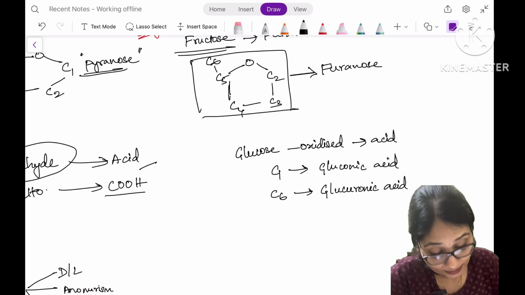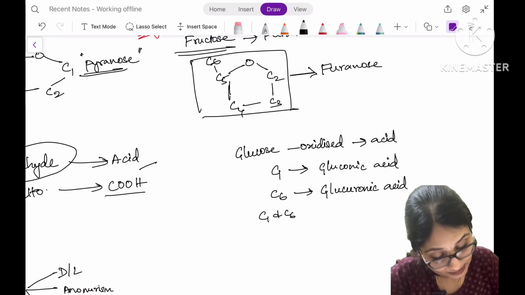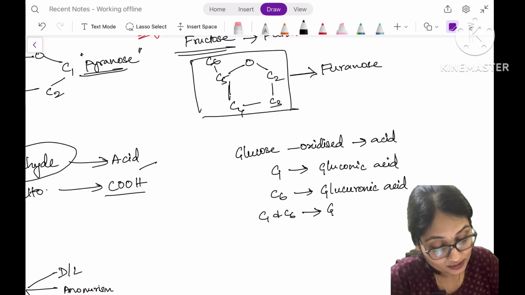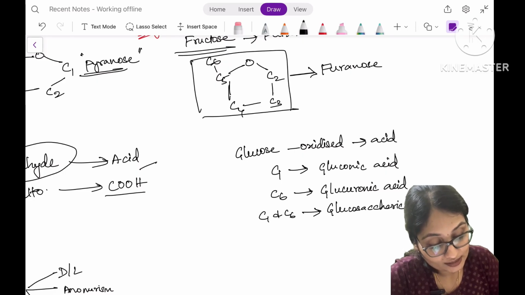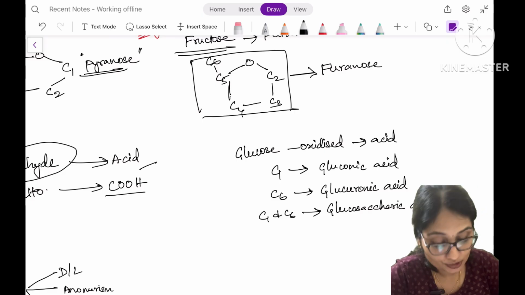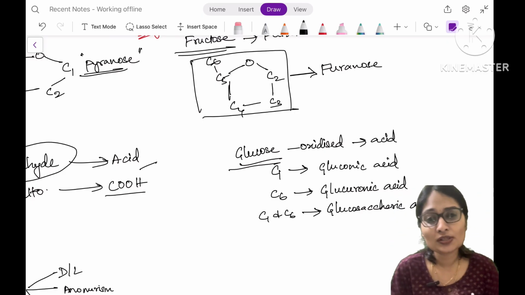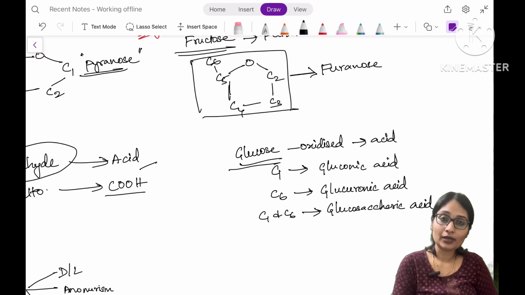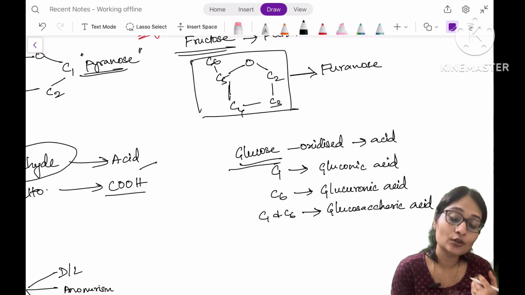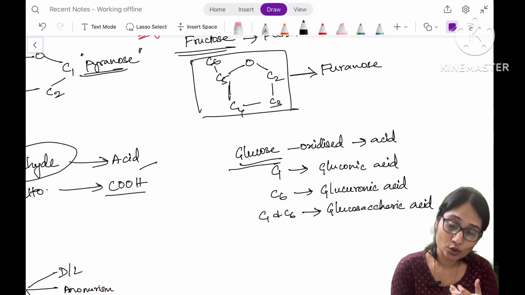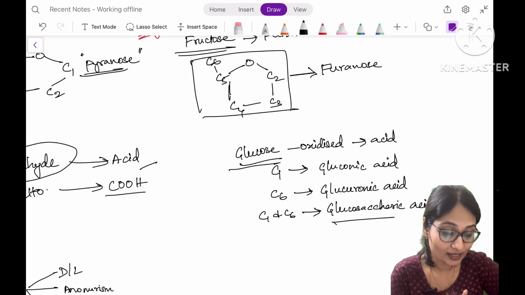If C1 of glucose gets oxidized, we get gluconic acid. Similarly, if C6 of glucose gets oxidized, we get glucuronic acid. On the other hand, if both C1 and C6 get oxidized, we get glucosaccharic acid. So whenever glucose gets oxidized, we get an acid: C1 gives gluconic acid, C6 gives glucuronic acid, and both C1 and C6 give glucosaccharic acid. This is also called a dicarboxylic acid.